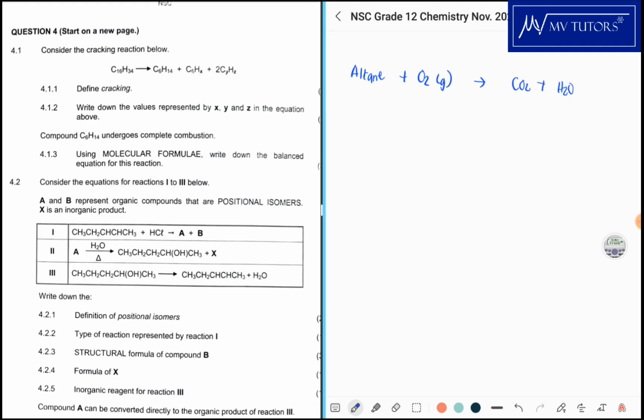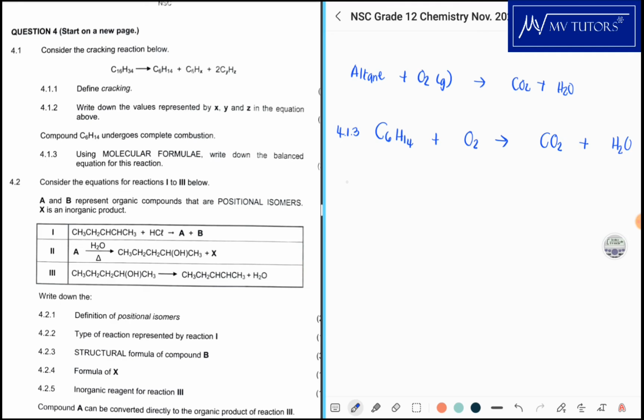That is the whole concept of combustion. Now it says for 4.1.3, using molecular formulae, write down the balanced equation for this reaction. So we have C6H14 plus O2 gives us CO2 plus H2O.